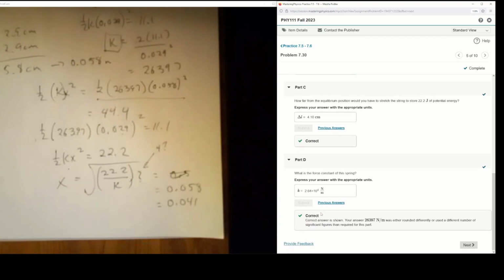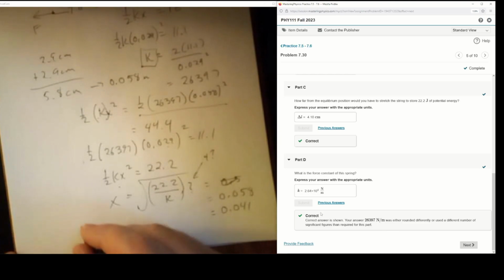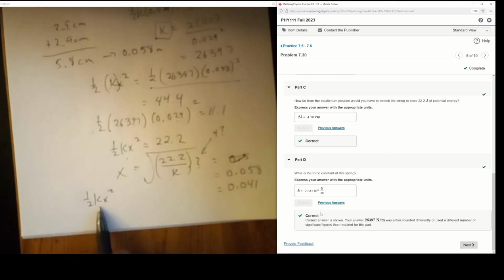When you're dealing with a spring, the spring's energy is 1/2 kx squared. And almost certainly, we're going to need to know k right off the bat when we're dealing with a spring. So that was the very first thing I did in part A. So kind of funny they ask it at the very end. Maybe at the very starting that would have been better. But either way, there is number 5.